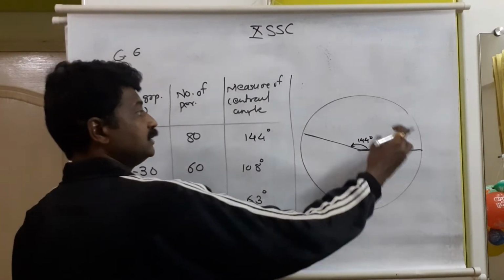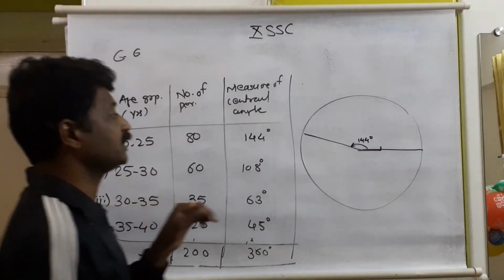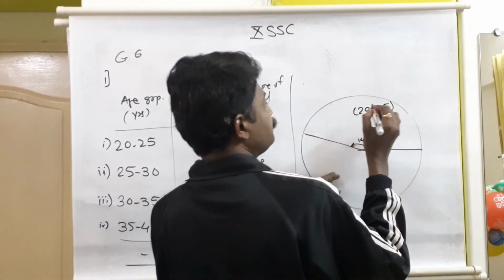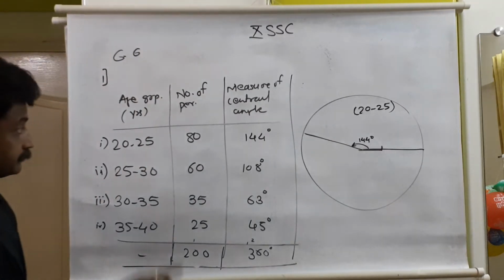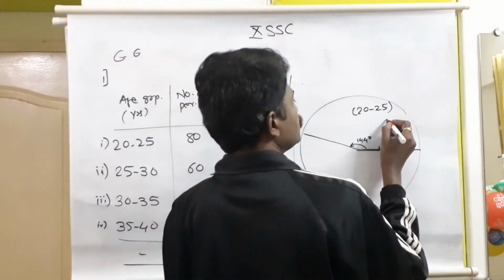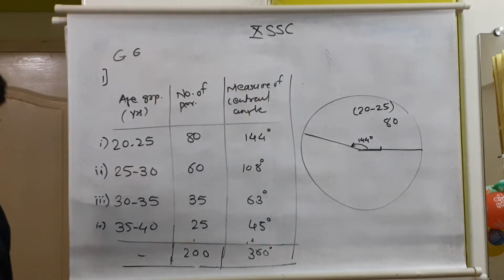Mention it there. So this is the first sector, which shows which class? The 22 to 25 age group. For the first class, 22 to 25, the number of people is 80 and the central angle is 144 degree.